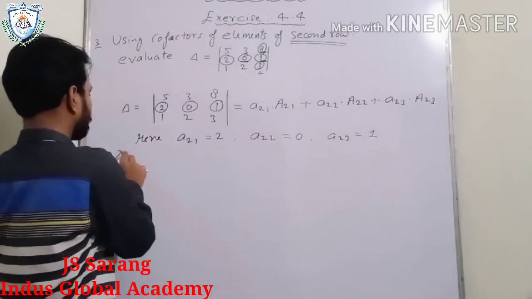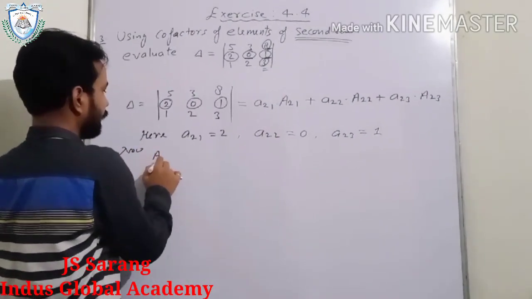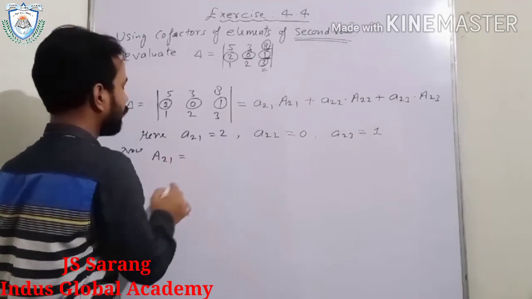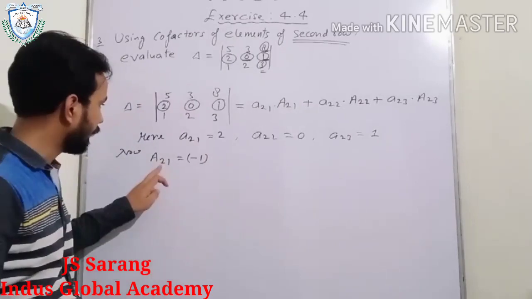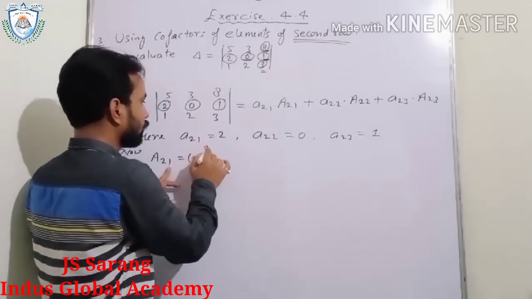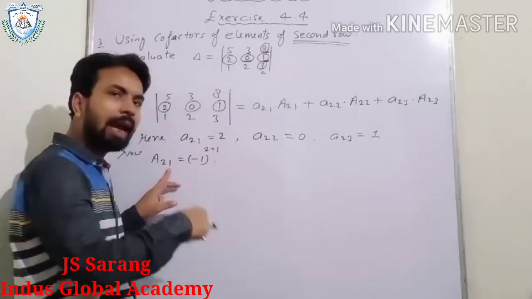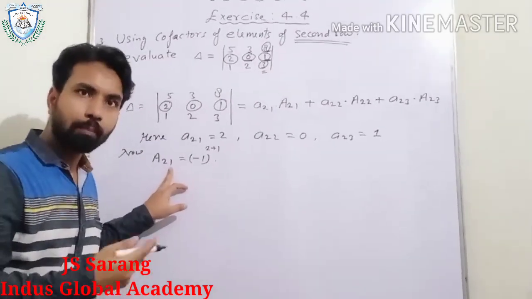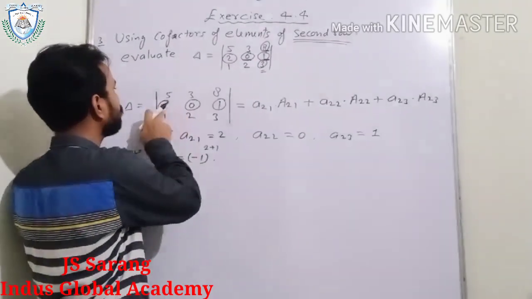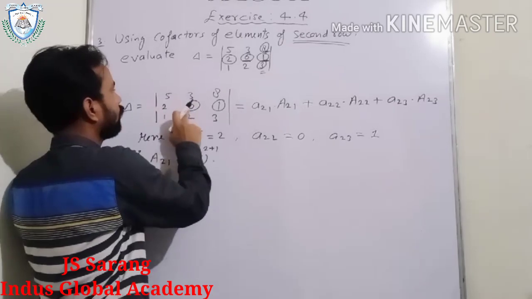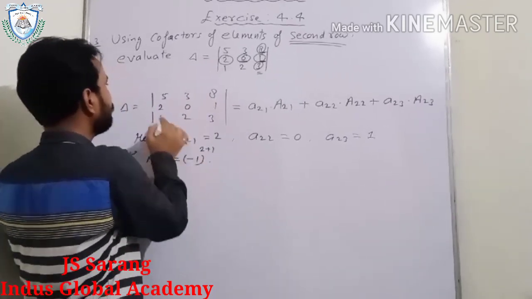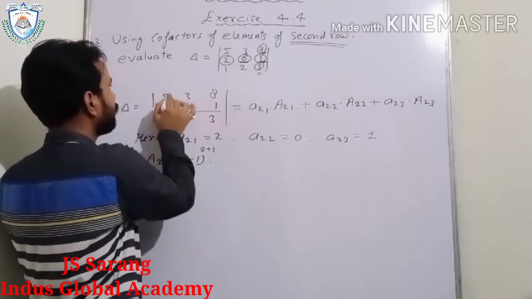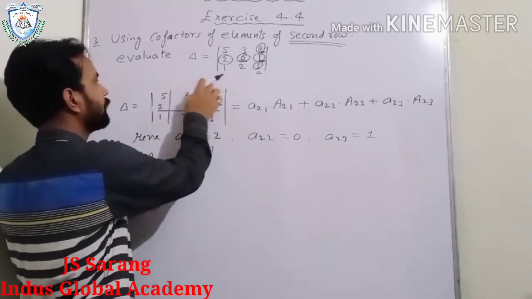So now the A21 formula is minus 1 to the power i plus j. i is 2, j is 1, so minus 1 to the power 2 plus 1 into M21. M21 means the minor. How can we find M21? We have to hide the second row and first column. What is left? 3, 8, 2, 3.